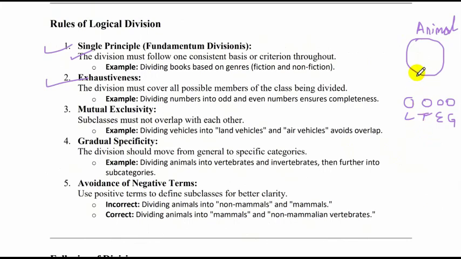No member of that class should be left out. It should cover all possible members of the class being divided. Dividing numbers into odd and even numbers ensures completeness.